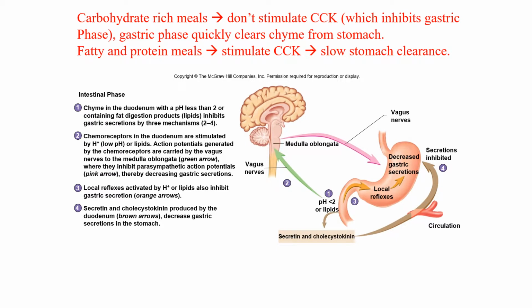The next phase in gastric secretion is the intestinal phase, and this is the longest phase, lasting between 2 and 4 hours depending on the contents of the meal. The phase begins when food arrives at the first part of the small intestine called the duodenum.